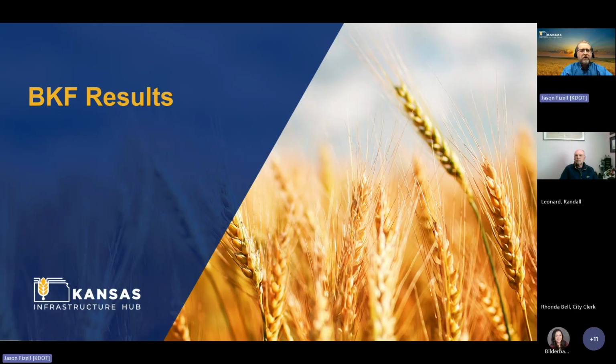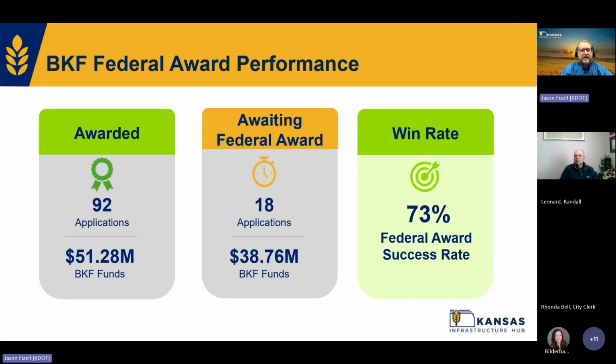Okay. Well, I'll keep going. We do just want to touch on, because this is state tax dollars, it does come from the state general fund, just to provide an update of where we stand currently. The federal grants, we've had 92 applications that have been awarded for $51 million. We're awaiting federal award on 18 applications that total $38 million.